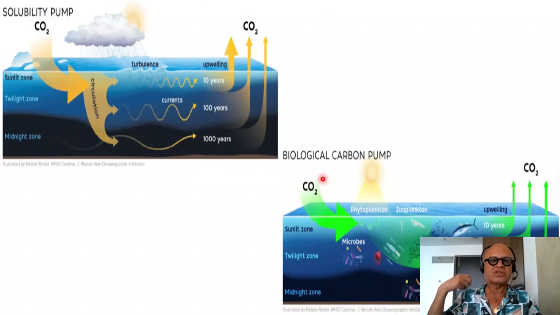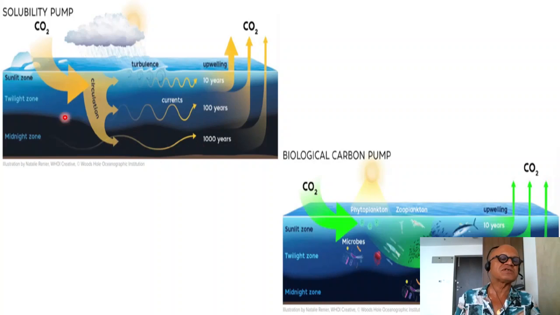So the biological pump and the solubility pump by which the ocean cycles inorganic and organic carbon are working through the twilight zone. So solubility pump is basically where you have upwelling, advection, and mixing of carbon in the vertical and horizontal. So you have CO2 coming from the atmosphere into the ocean, either via photosynthesis or gas exchanges into the sunlit zone, and there is circulation which can, like the thermohaline circulation that we talked about, take it down and keep it there for thousands of years, as we said.